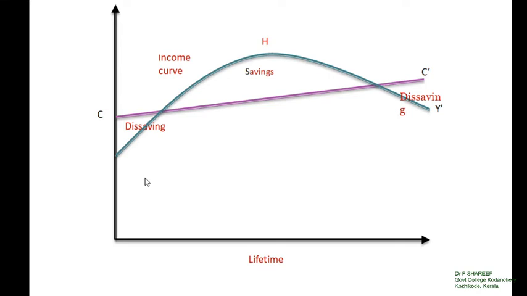The life cycle hypothesis can be better explained with the help of a diagram. In the diagram, the x-axis measures lifetime income and the y-axis measures consumption level.